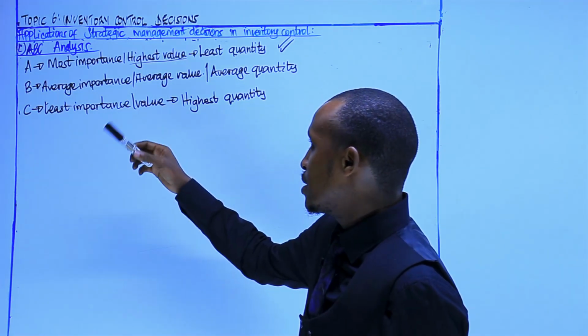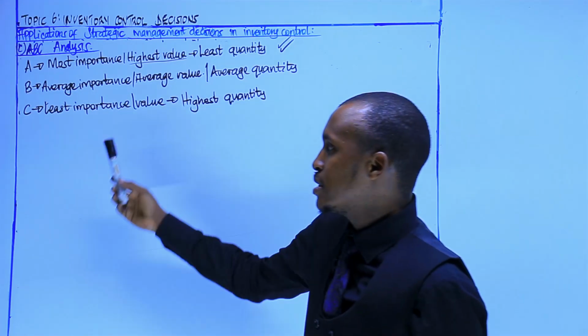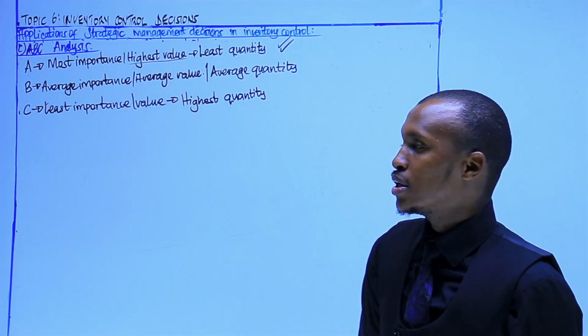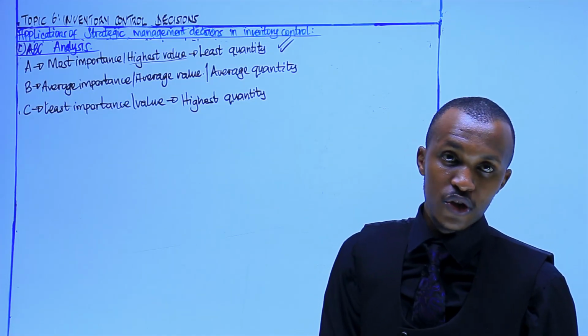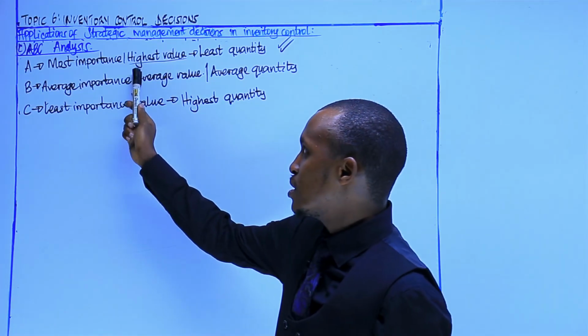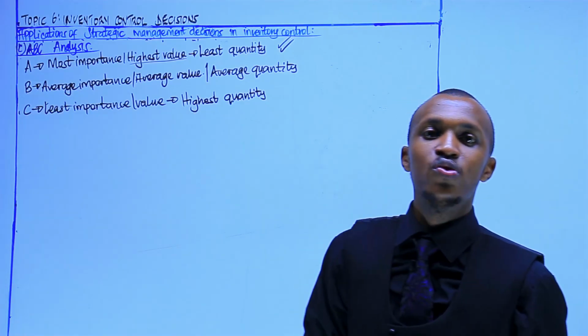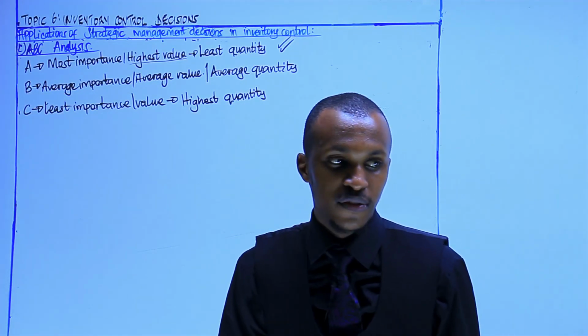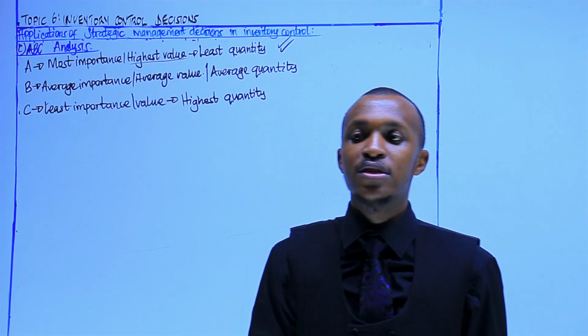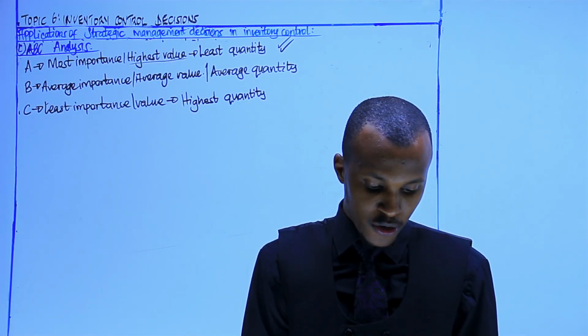B has an average value, so average risk, and C has low risk, because it has the lowest value. So by virtue that you'll find yourself concentrating so much on A, that means you have also increased the risk of A, and therefore also increased the risk of the organization.